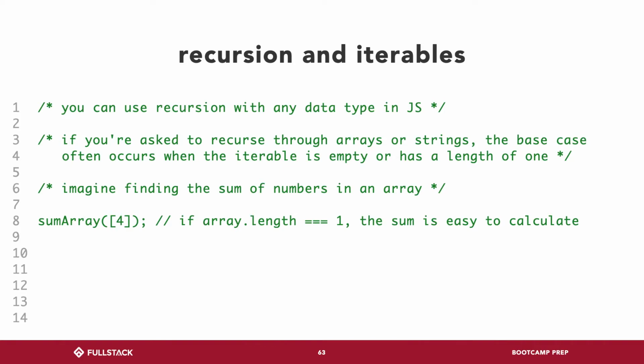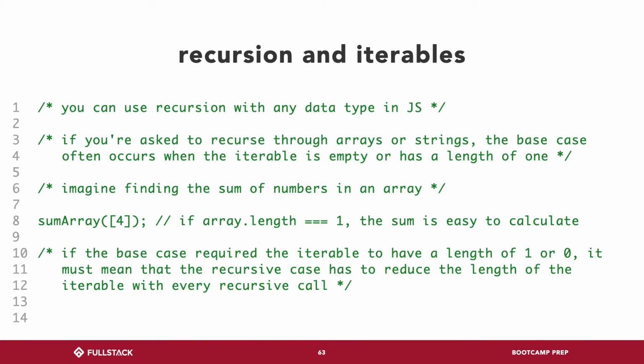If the sum of array of [4], the sum is 4. The sum is itself. So that's what you return, right? Like how we just return that number times factorial of num minus 1. This would be the same kind of thing, except you're returning this number plus sumArray of one less, you know? You know what I mean?